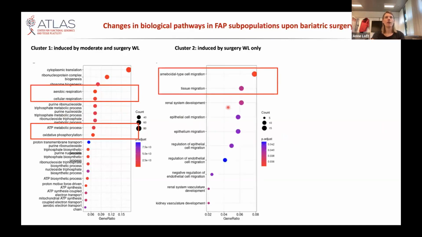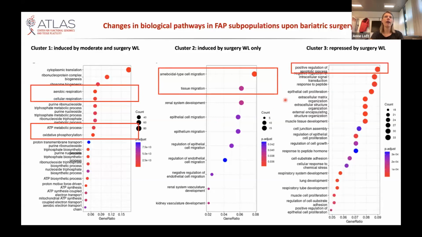Furthermore, the genes induced by the bariatric surgery belong to pathways related to migration and extracellular matrix organization, supporting that the fabs really have a very active role in the tissue remodeling also at this time point. And finally, as I already mentioned, the genes that are repressed by bariatric surgery belong to pathways related to apoptotic processes, which of course makes sense since the adipose tissue becomes healthier.